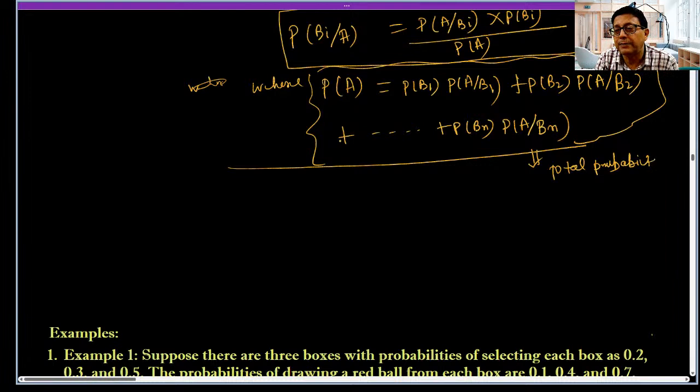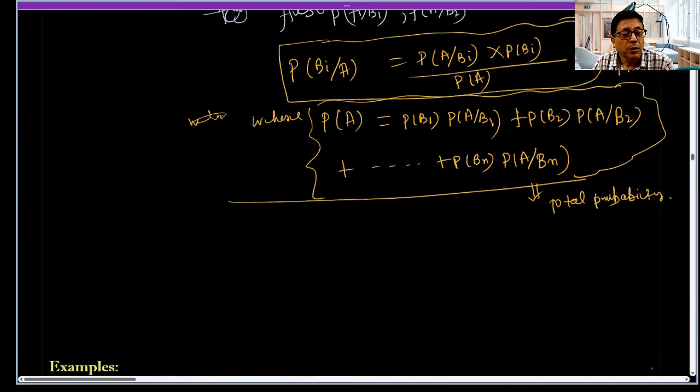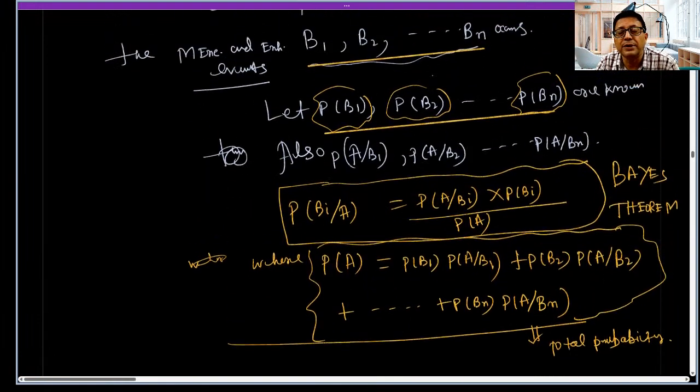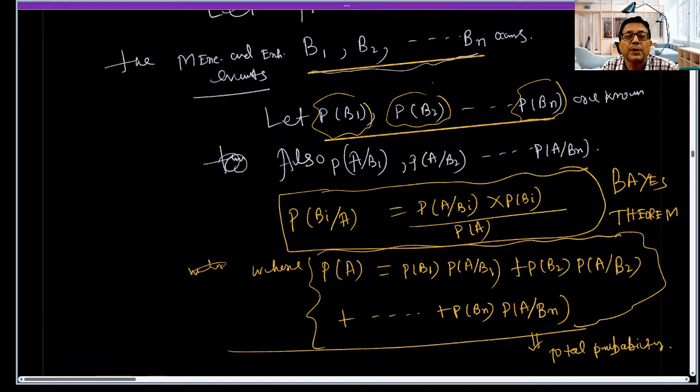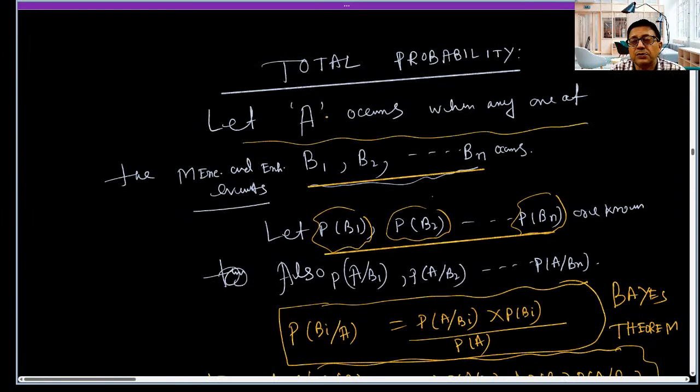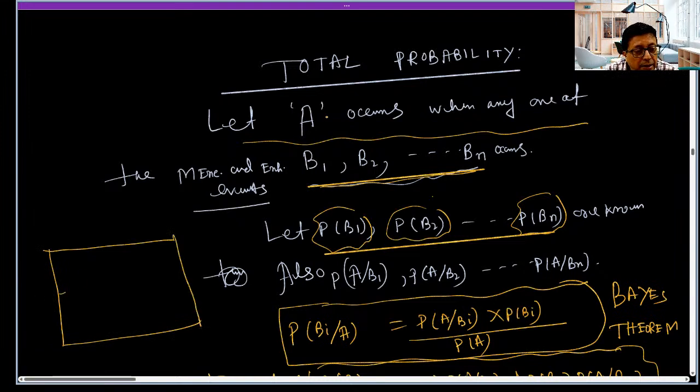Once more I explain. Okay? What we are going to do there. Then I will take one simple example. Then I will explain. Once more. Let the event A occur when any one of the mutually exclusive and exhaustive events occurs. These events are mutually exclusive and exhaustive in the language of set theory.